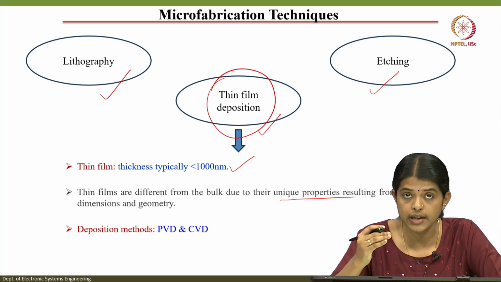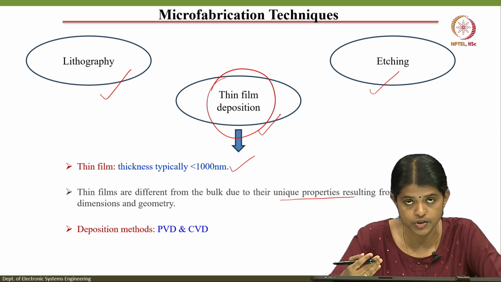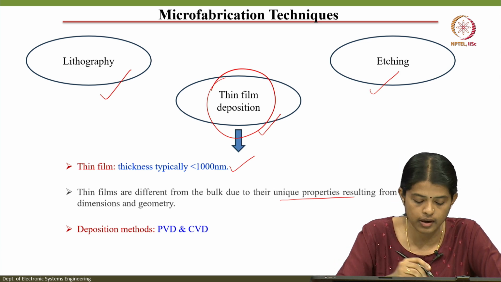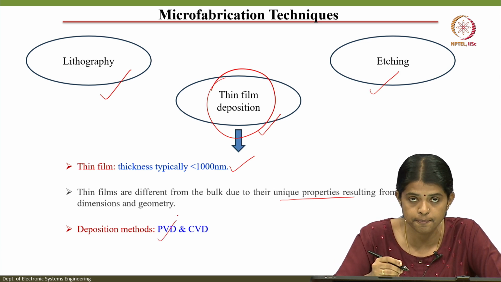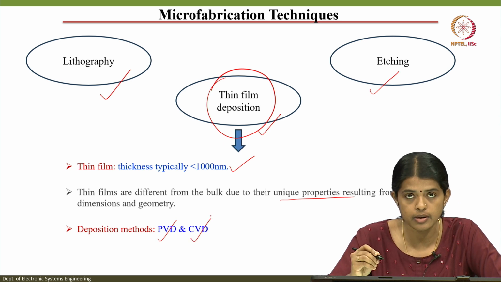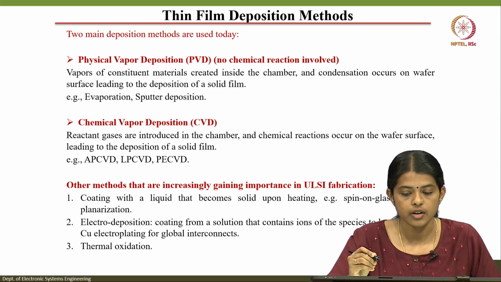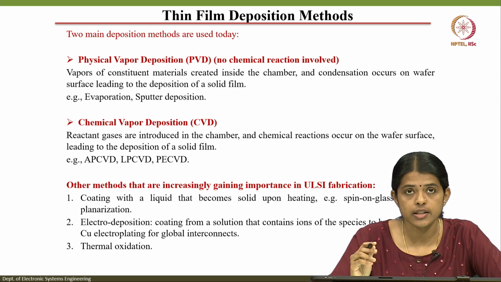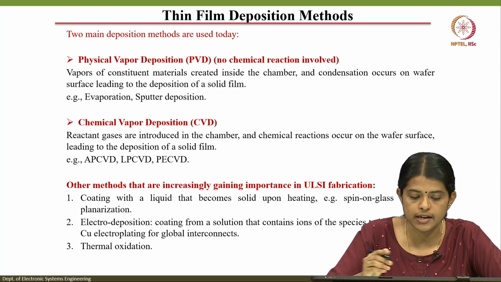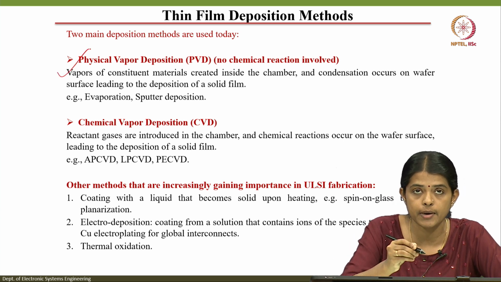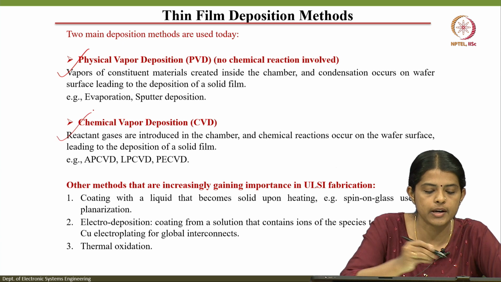And to realize a thin film above your substrate, you can either go for a physical vapor deposition mechanism or a chemical vapor deposition mechanism. So as we mentioned, the major thin film deposition mechanisms are physical vapor deposition and chemical vapor deposition.